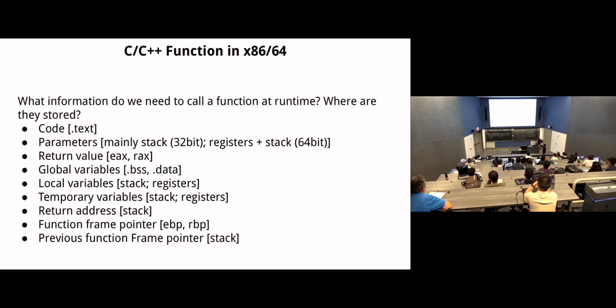Global variables are in the BSS or .data section, which is the 5 place. Local variables are on stack. That's why it's FF, 7F, whatever. Temporary variables are also on stack or registers. And what's interesting is the return address is also on stack. That is why there's a problem with the return address. The function frame, we're going to talk about this later.